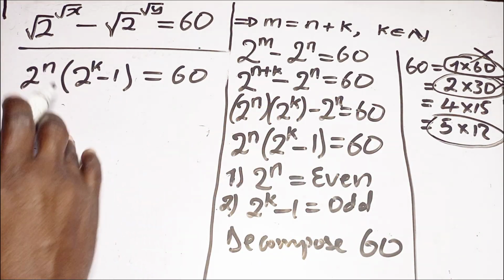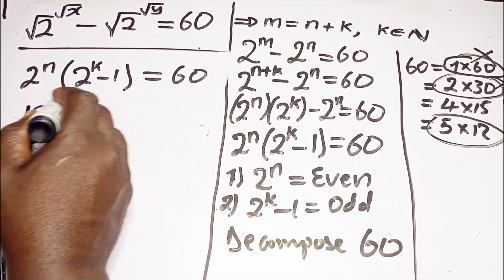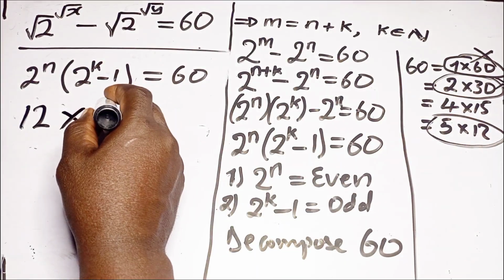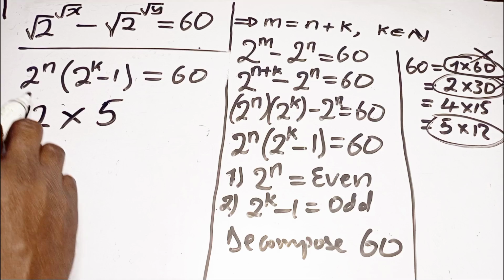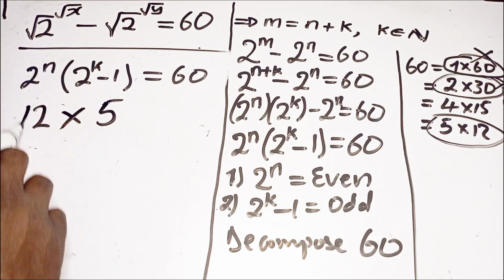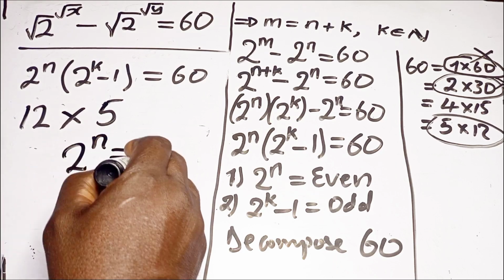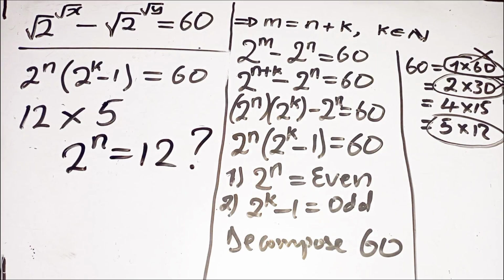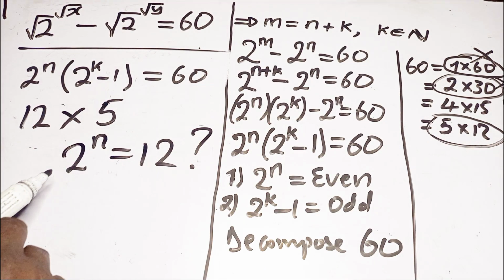Therefore, we'll put the even number where we have even, and then the odd number where we expect odd. Even goes with even, odd goes with odd. Now, the same type of reasoning. Do we have 2 raised to any power that will give us the value 12? There is no power for which when we raise 2, we're going to obtain 12. So this choice also is eliminated.